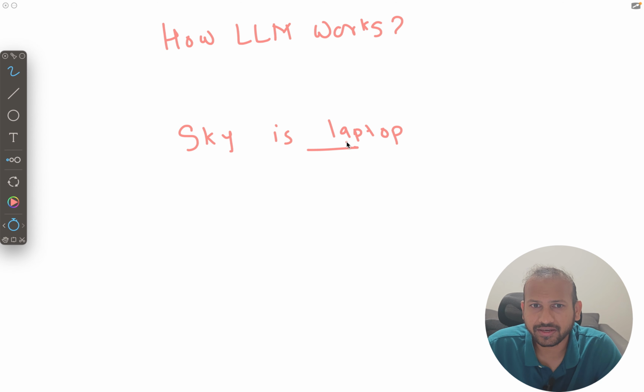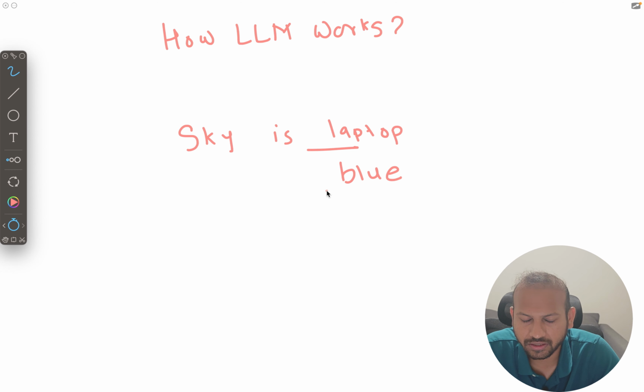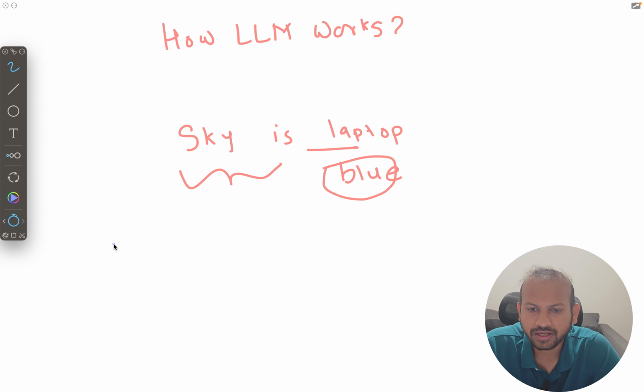Now it is a very incoherent sentence at this moment, but when the LLM gets trained with a huge dataset, it may be able to produce "sky is blue", which looks very accurate, right? So essentially, an LLM is simply producing output one word at a time based on the input.